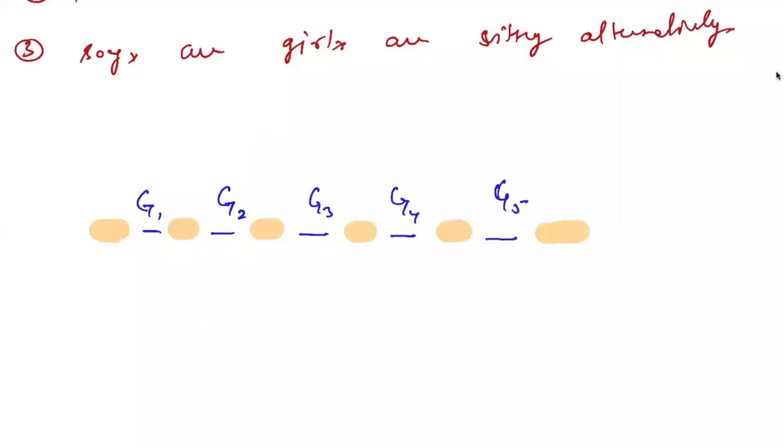If boys are sitting in between these six gaps, 100% we are sure that no two boys will be together. Maybe the girls will be together, but no two boys will be together.